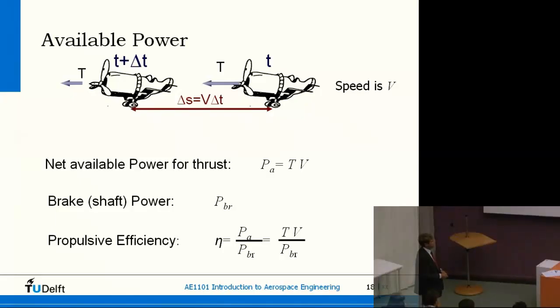So T times V divided by brake power is the propulsive efficiency. There's also a propeller diagram available that for each propeller will give you the efficiency for the propeller, and this will give you this number, which means that if you have three of those four, you can calculate the fourth.